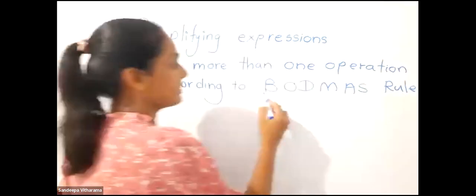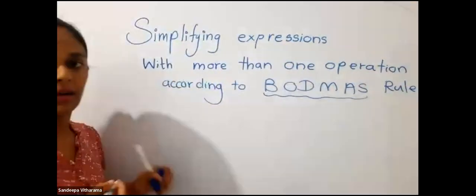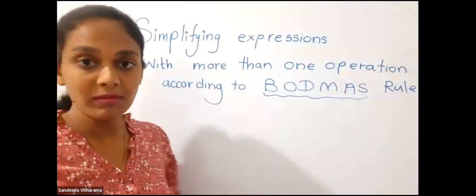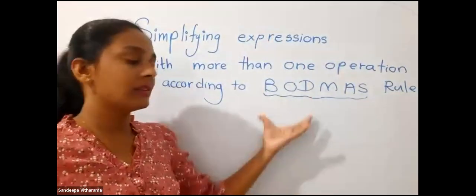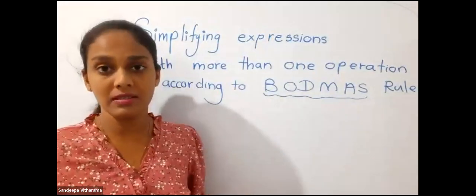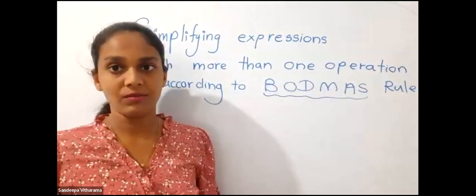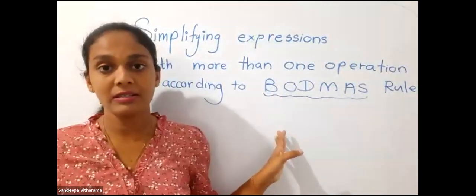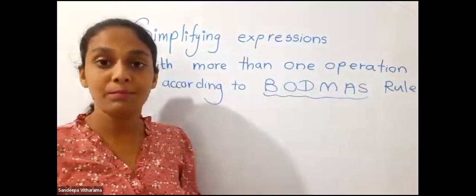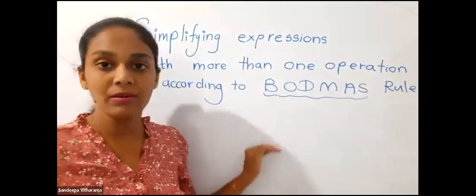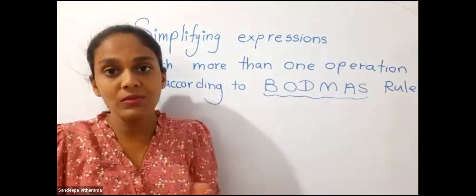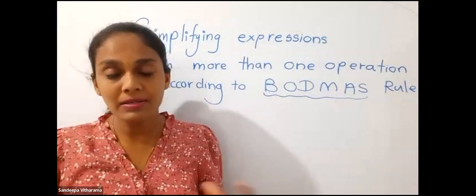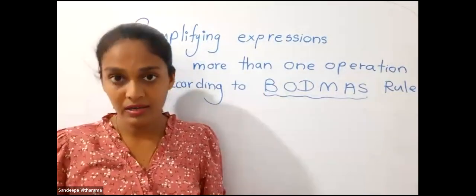First of all, let's learn what is meant by BODMAS. මොකක්ද මේ BODMAS කියන්නේ කියලා අපි ඉස්සෙල්ලාම බලමු. The word BODMAS consists of the order of the operations. What is the order? If an expression consists of a bracket, then you have to solve what is within the bracket. Bracket එක ඇතුලේ තියෙන operation එක simplify කරන්න ඕනේ to one answer.